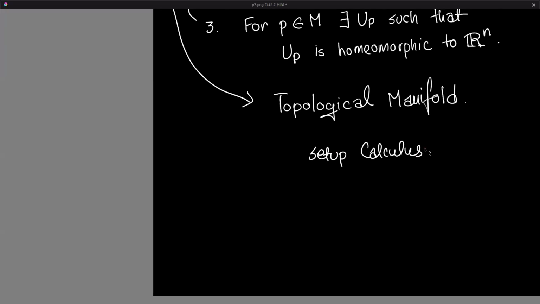Before we set up the calculus, one thing I want to talk about is an idea that's going to keep coming up in this lecture and going forward. Something that we do a lot in math is we use the properties that we have in Rn, a space where we already have very well defined properties, objects, and operations, and we lift them into the manifold.